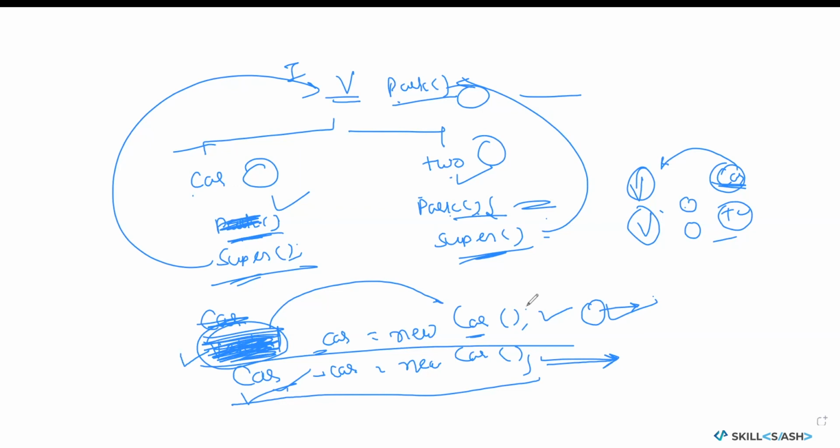But in the concept of polymorphism, it can be said that your classes car and two-wheeler have many forms. Correct? Yeah. And that's why that's called, in a different way, polymorphism.